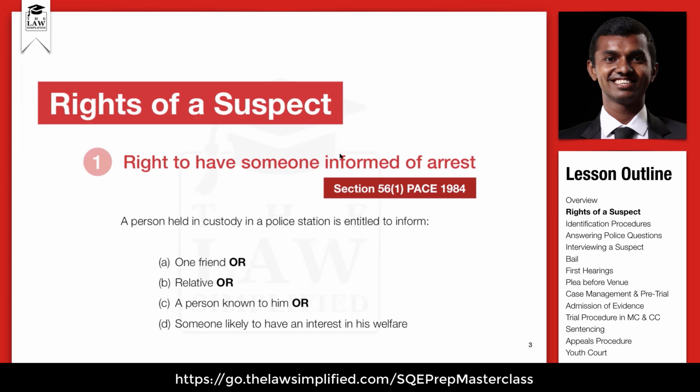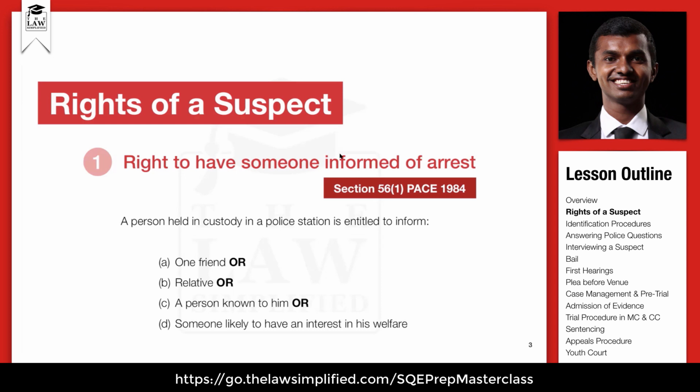Okay, so we start off by looking at the different rights of the suspect. The first and paramount of which is the fact that you have to inform whoever is being arrested that he is being arrested and the causes of such arrest.